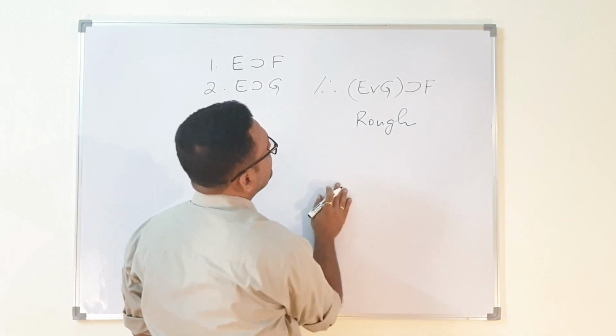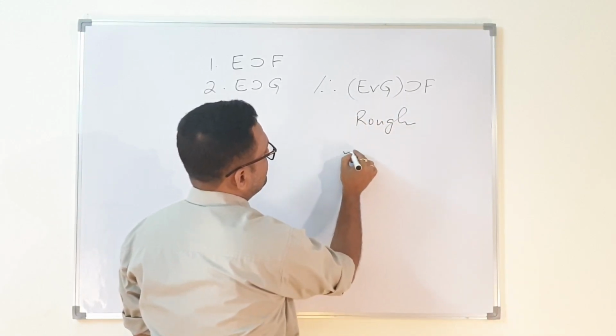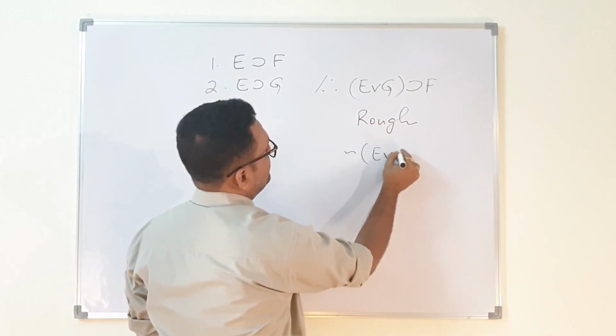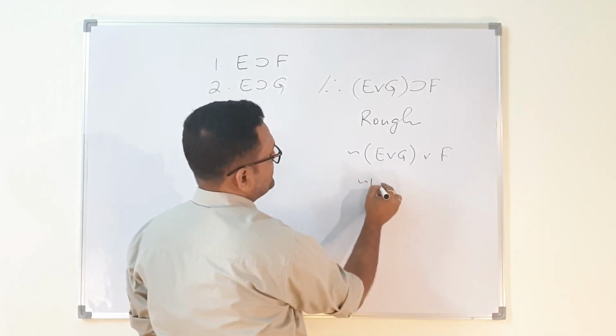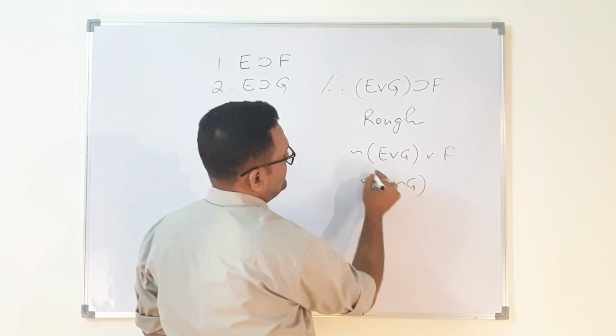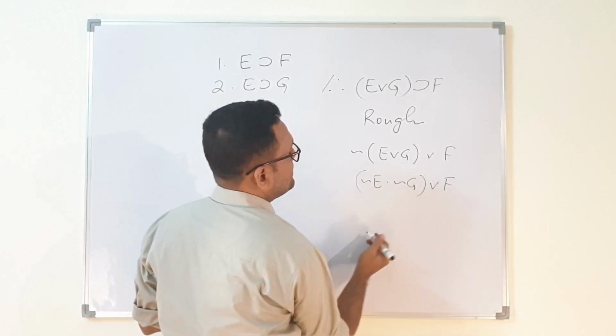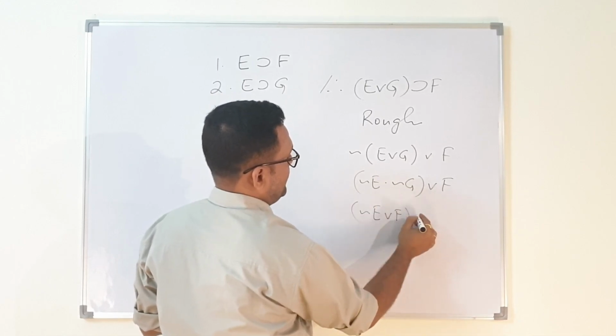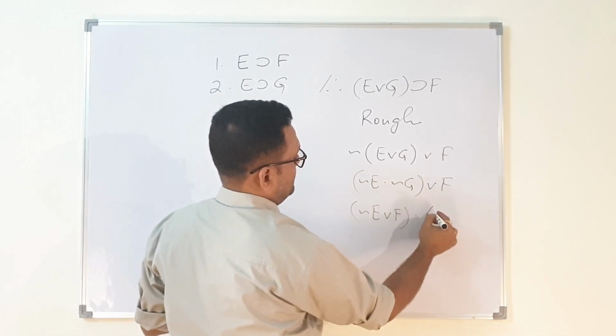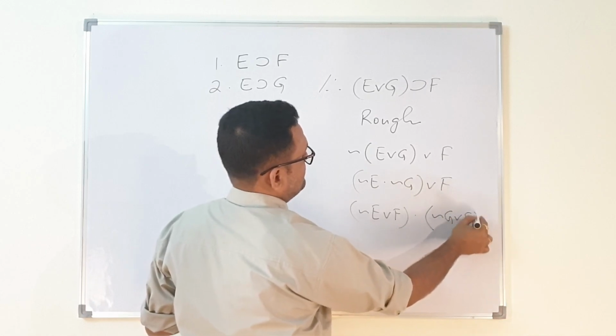I will remove it. This will become negation of E wedge G wedge F. So this will be negation E dot negation of G wedge F. So this will be negation of E wedge F dot negation of G wedge F. This is the simple one.